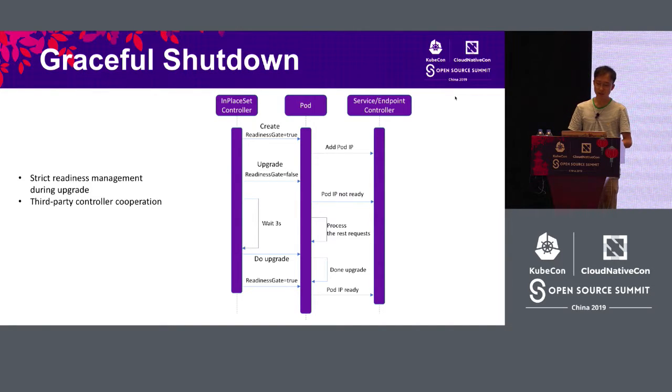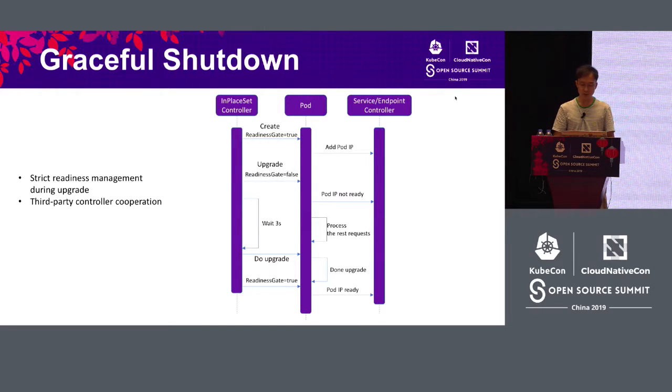And the other routers like Kubernetes will watch that it's not ready, and it will also remove it from the list. If we use a cluster IP to expose this pod, the InPlaceSet controller cannot realize whether this traffic or this router is offline. And we here have a wait-3-seconds logic.